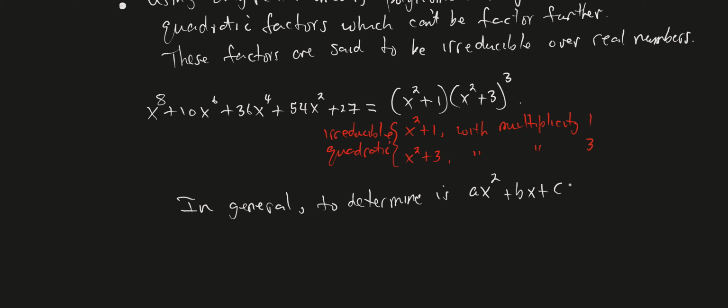I'm not saying that this is equal to 0. I'm just saying this is a quadratic factor that we have. And we want to know, if we're not sure, maybe we're not so good at factoring, can this be factored further? Well, to determine if ax squared plus bx plus c is irreducible or reducible, we use the discriminant of this quadratic.